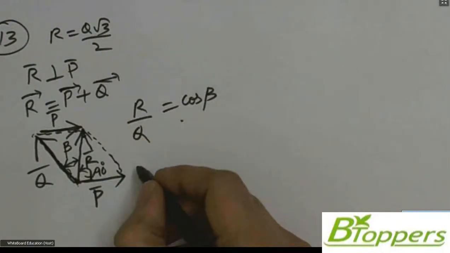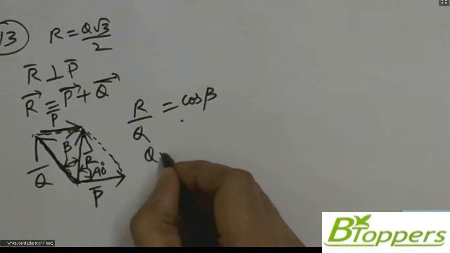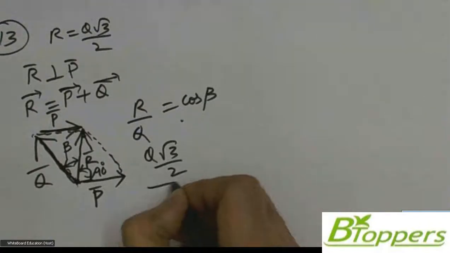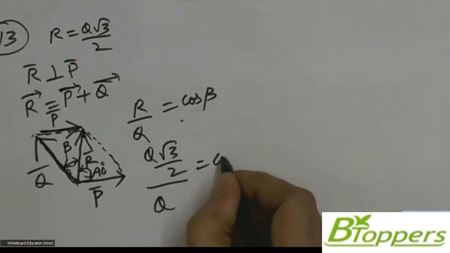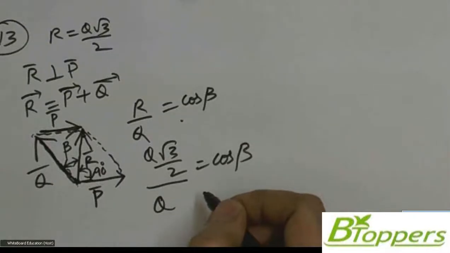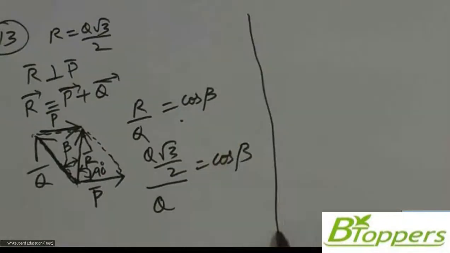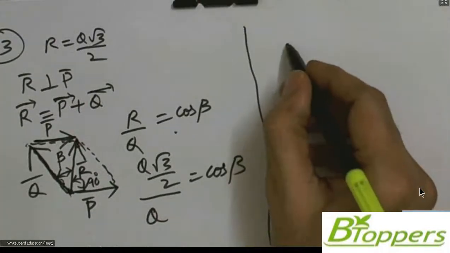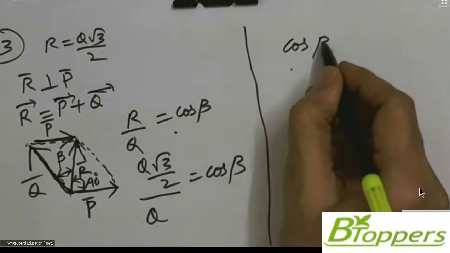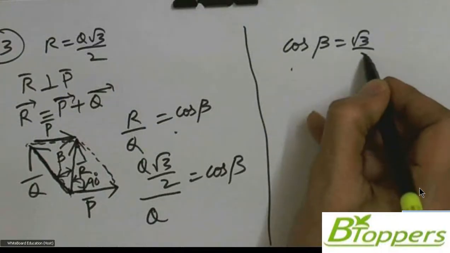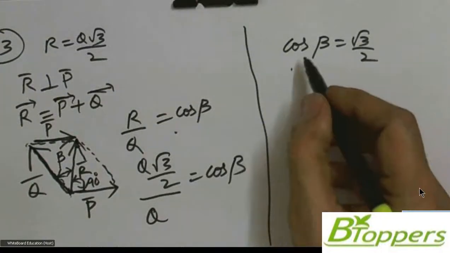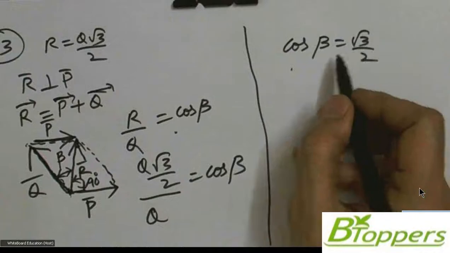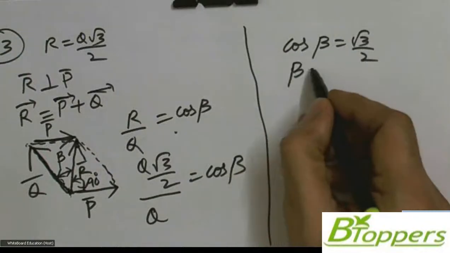So you are given r equal to q into root 3 by 2. So you get cos beta equal to root 3 by 2. And you know that cos 30 degrees is root 3 by 2.